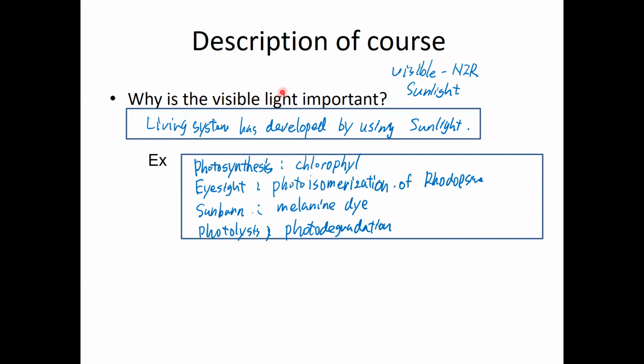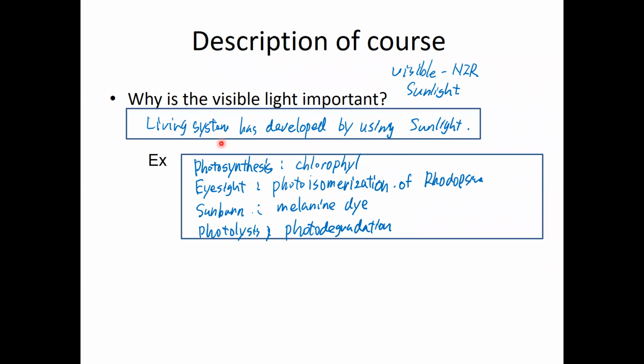The answer is simple: the whole living system, including human beings, has developed by using sunlight. And in the sunlight, the visible and near infrared region is included. That's why we are going to study sunlight frequently.